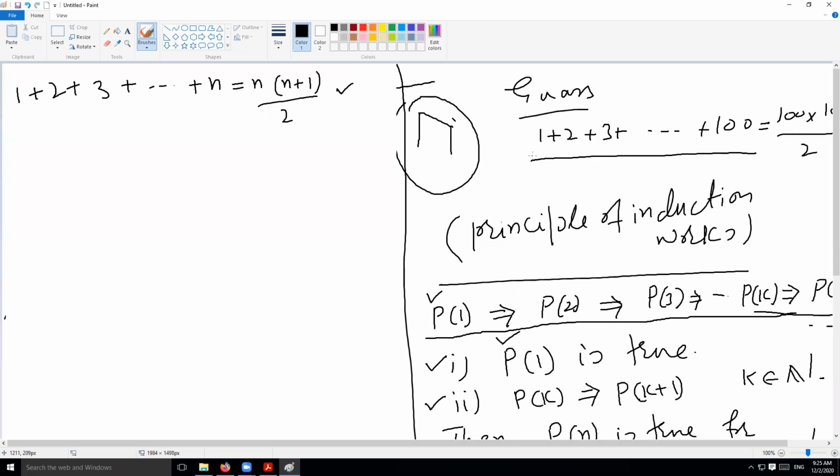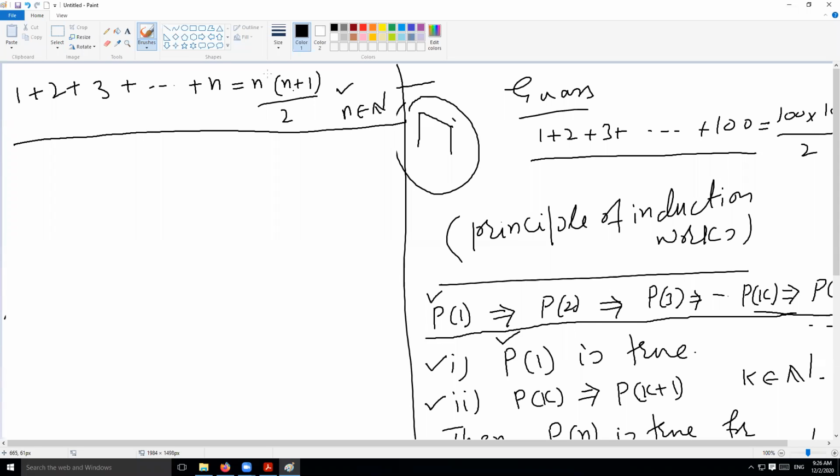The statement claims that the sum of the first n natural numbers, for all natural numbers n, is equal to n times (n plus 1) over 2. I want to prove this statement by mathematical induction. How do I need to prove it?